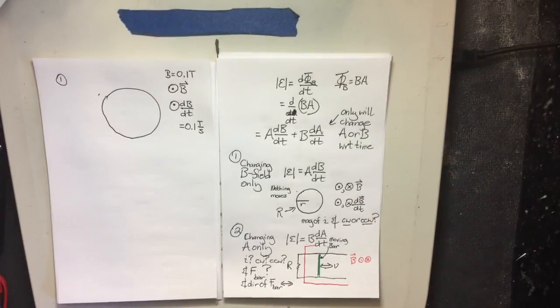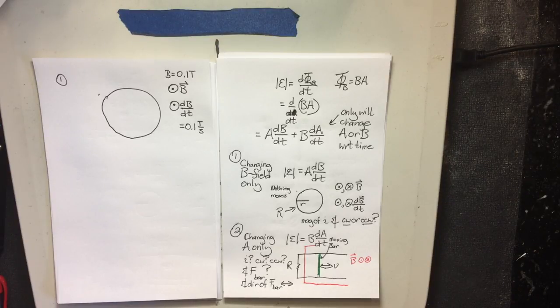So this is our sheet of paper. And I say that the B field is at you, so it's a circled dot. And it goes 1, 2, 3. Is dB/dt out of the page or into the page? It's out.